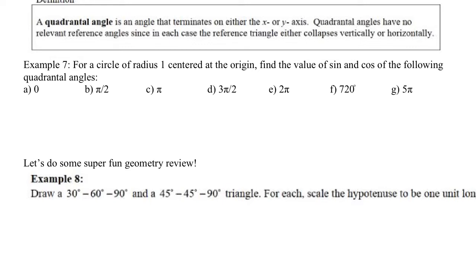Okay, so 0, the sine and cosine, although really we could do all of them. So sine of 0 and cosine of 0. Well, sine of 0 is the opposite over the hypotenuse, and I didn't go anywhere, a 0-degree angle is just right here.